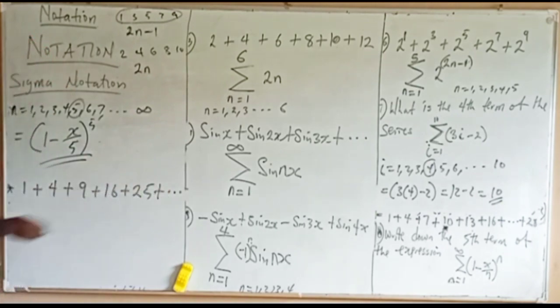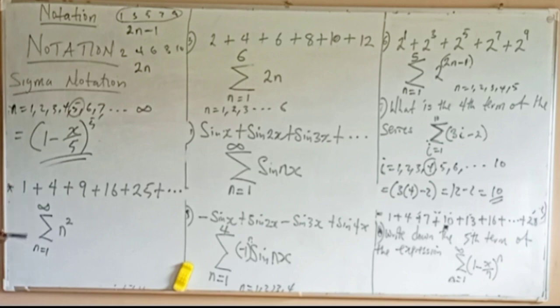So if you express it now in notation, what are you going to have? Try and do it to see if you can get the exact answer. Alright, you did it very well. You're going to have this as the answer: sigma of n squared, n starting from 1 to infinity. At n equal to 5, 5 squared equals 25.